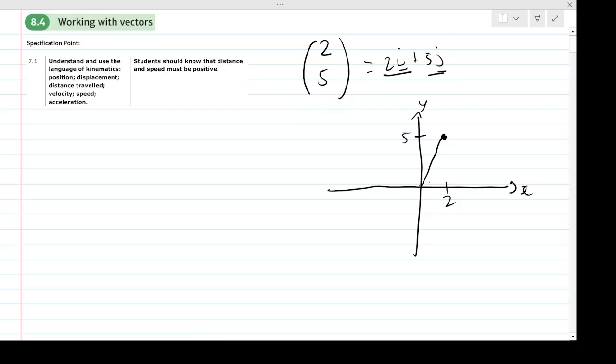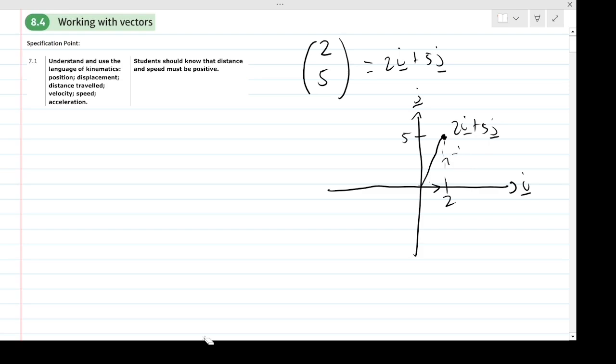Now i and j, I literally swap X and Y with i, and I underline it because i is technically a vector. Remember, any vector, we underline it. And j for Y. Essentially, i and j are just the X and the Y parts. So another way of writing this vector, (2, 5) as a column, literally 2 across, that's 2i, then 5 up, that's 5j. So that's 2i add 5j.